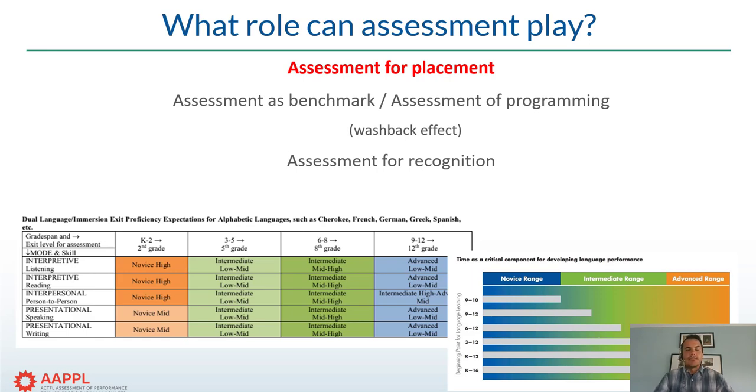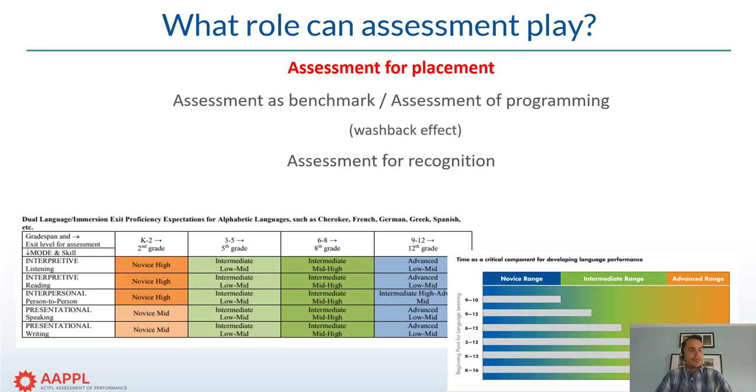However, again, our main focus today will be the AAPPL as a formative assessment and looking at, again, what the data can do as far as enhancing our program and making sure that our students are on that right trajectory towards proficiency and in order to reach their goals, which a lot of times is going to be that seal of biliteracy. So looking at those intermediate mid to intermediate high ranges by the time that they are high school juniors and seniors. To begin, assessment for placement.